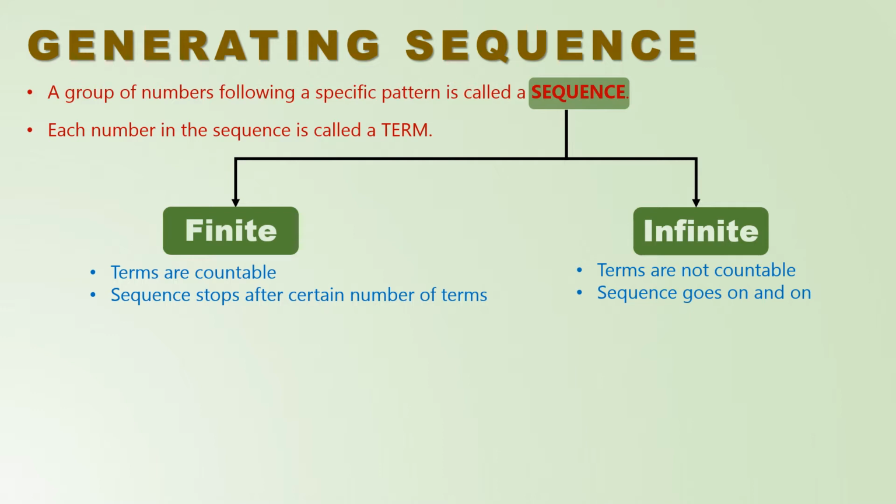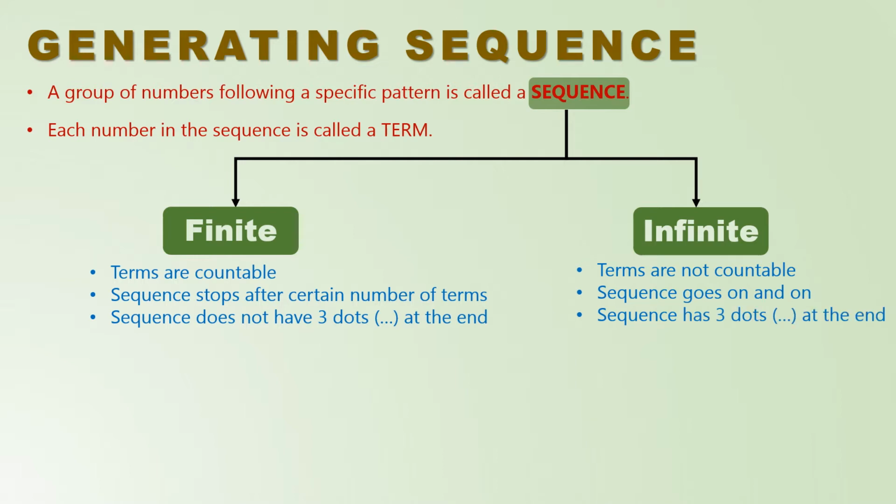We can identify whether the sequence is finite or infinite by three dots at the end. If the sequence does not have three dots at the end, then it is a finite sequence.